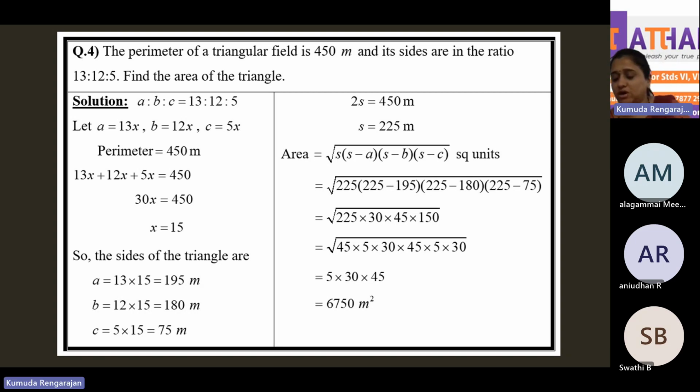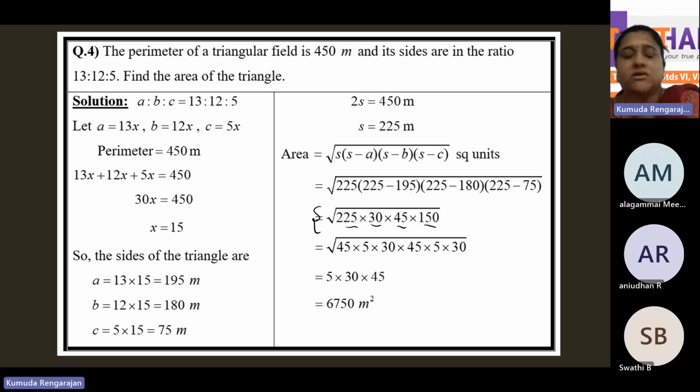So let me just talk about this one. When I told you first, I said you need to break down the numbers as a product of their prime factors. It need not necessarily be prime factors.